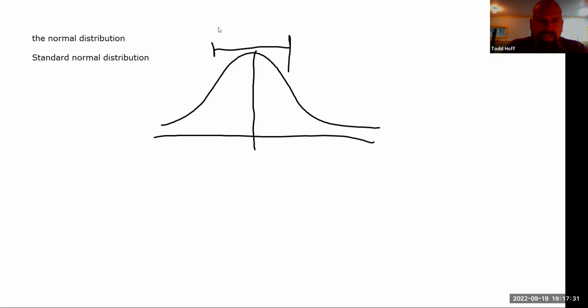For a standard normal distribution, the center of that curve is at 0. So in other words, the mean equals 0 of that distribution. And the spread is set such that the standard deviation is equal to 1.